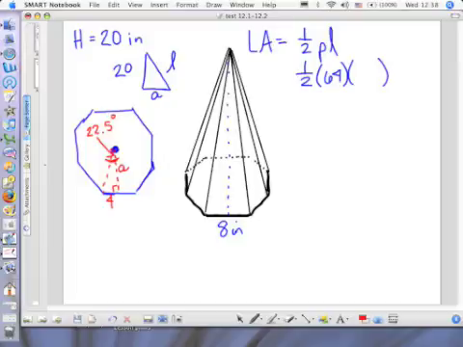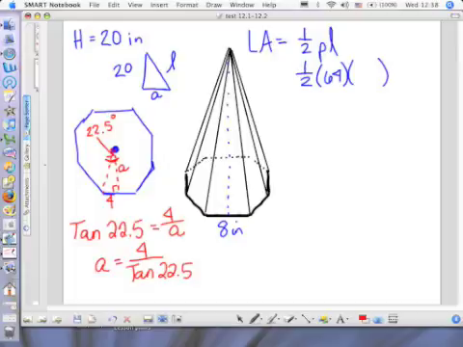Which requires me to know my trig functions. Because the tangent of 22.5 is equal to the opposite leg divided by the adjacent leg, which means that my apothem can be found by dividing 4 by the tangent of 22.5 and leave as many decimal places as you can. 9.65685.